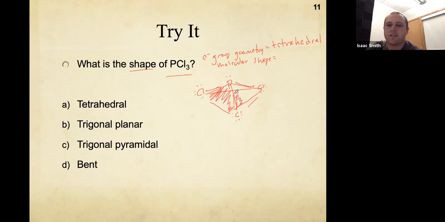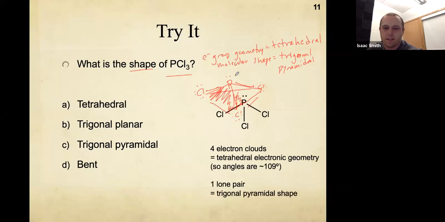So this is a trigonal pyramid, or trigonal pyramidal. Cool. Or if you just memorize the list, you could say it's tetrahedral with 1 lone pair, so it's trigonal pyramidal.